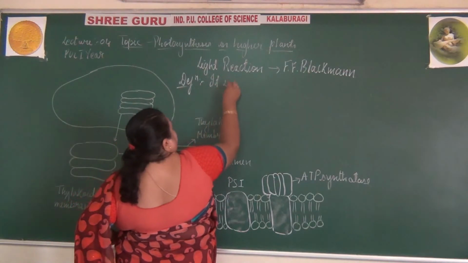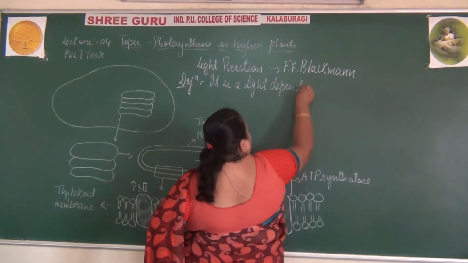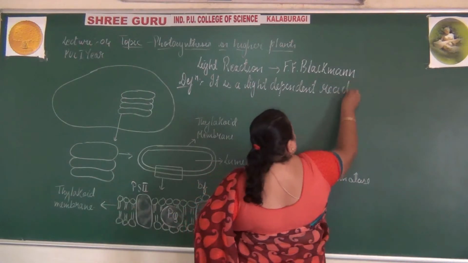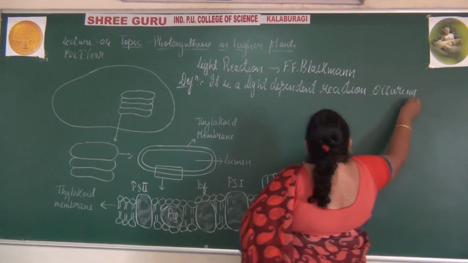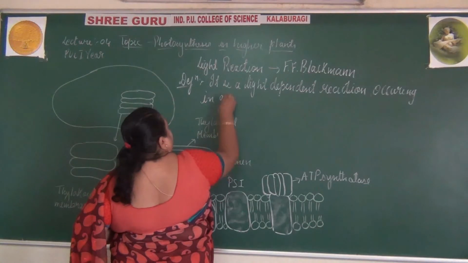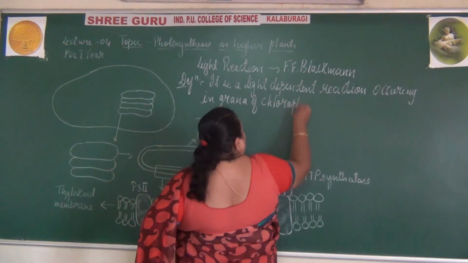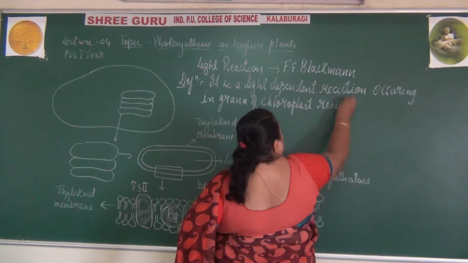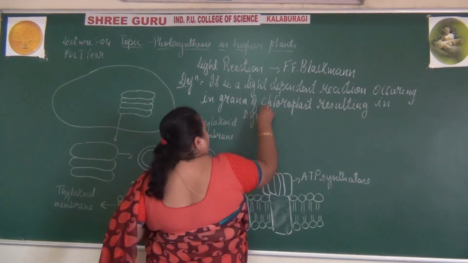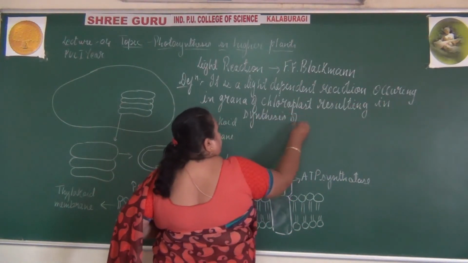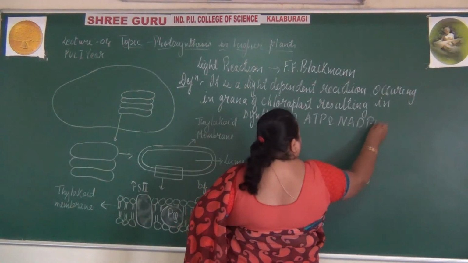It is a light dependent reaction occurring in the grana of the chloroplast, resulting in the synthesis of ATP and NADPH2.